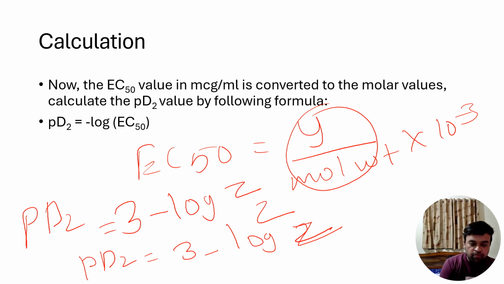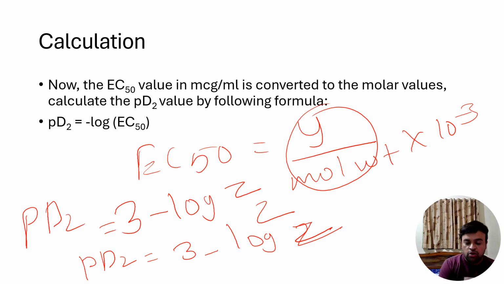So, simple. First of all you have to do the calculation, that is, determine the concentration of the agonist, and in the second column calculate the percent response height. Then you have to draw a graph, with percent response height on the y-axis, and on the x-axis you label it as log dose.